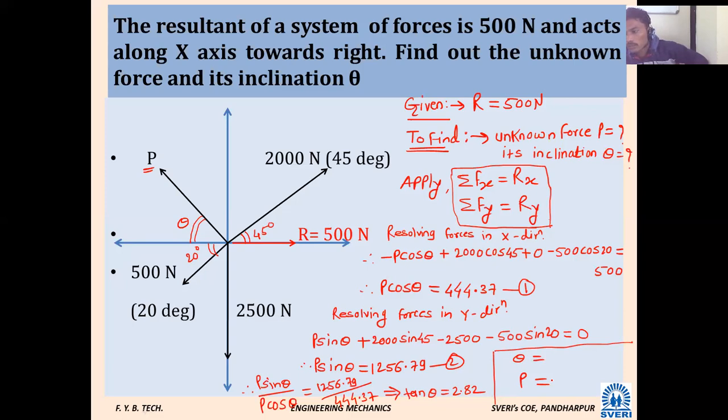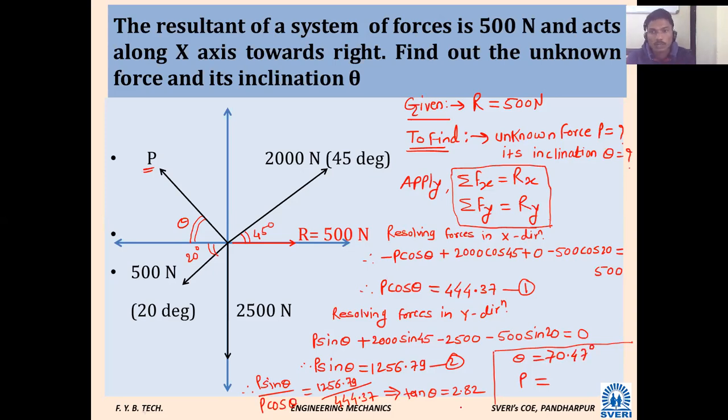Just check. Something goes wrong. What is the value of theta? 70.47. Yes, 70.47.